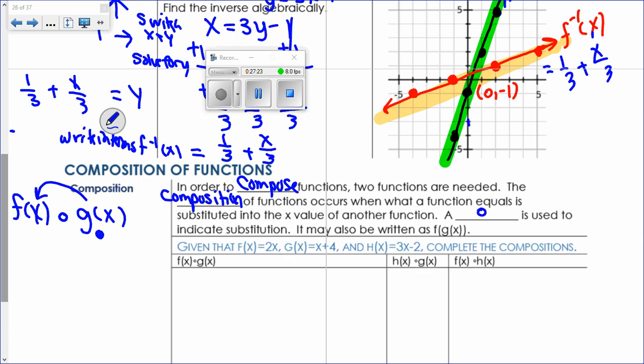So it's going to look like this: f of parentheses g of x close parentheses. We're replacing the x value in this function.